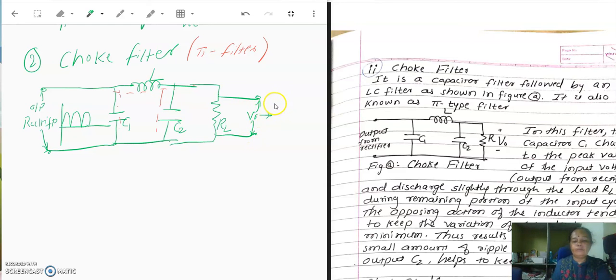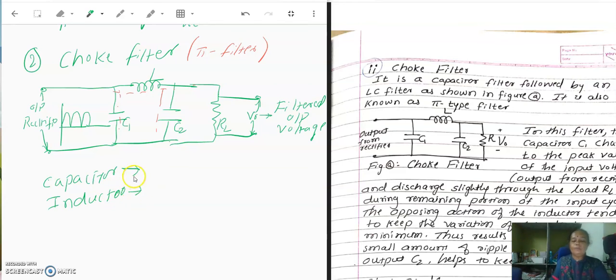Okay, filtered output voltage. So you should remember now the capacitor function and the choke function or inductor function.